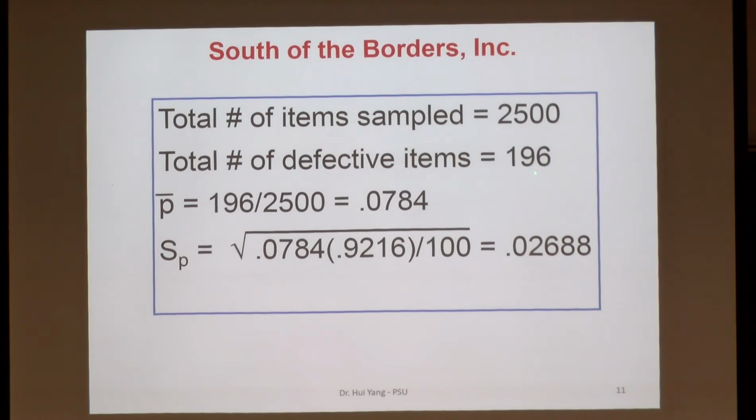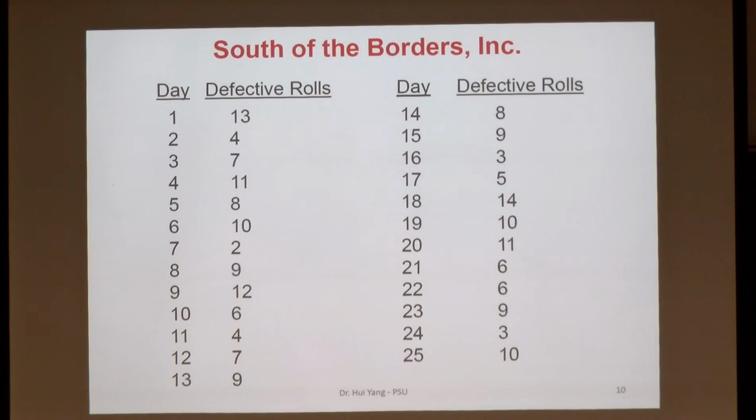How did we get this 196? Anybody? How did we get this 196 from here? Any idea? 196 is the total number of defective items, which you get by adding all of them up.